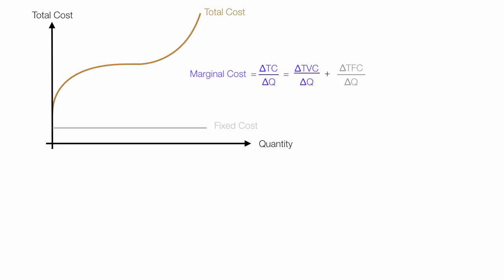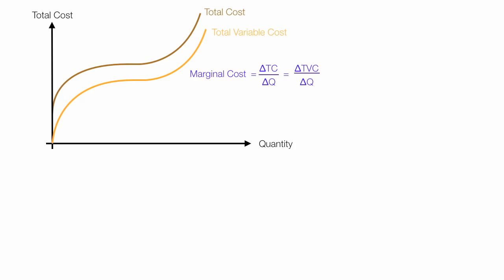But the change in fixed cost is actually 0. The slope of total fixed cost is 0 regardless of the quantity. It's fixed. So really, the change in total cost is equal to the change in total variable cost.